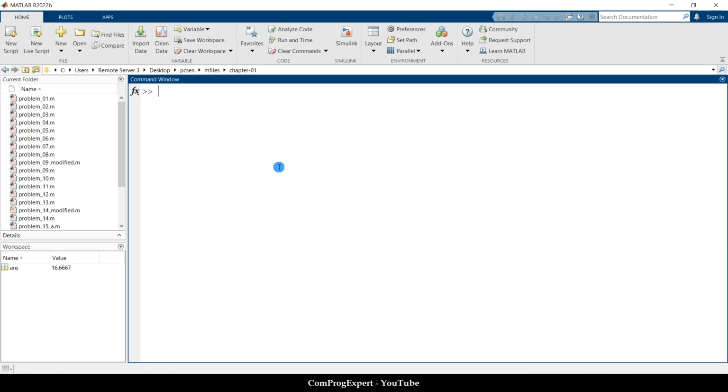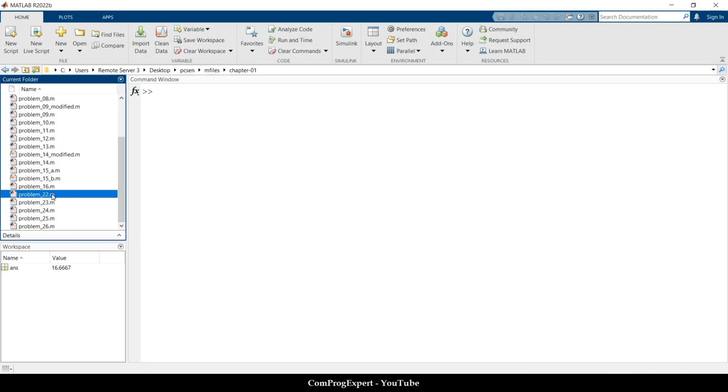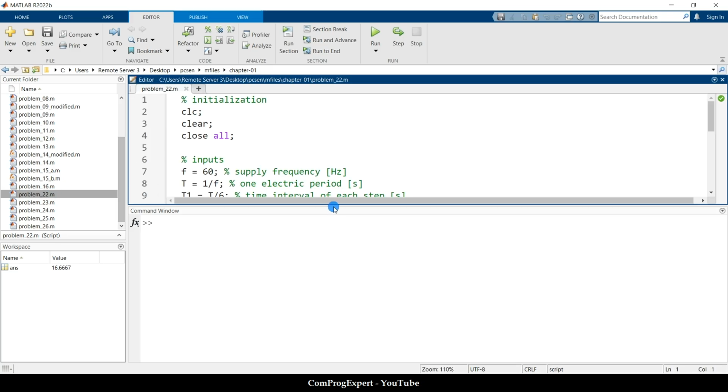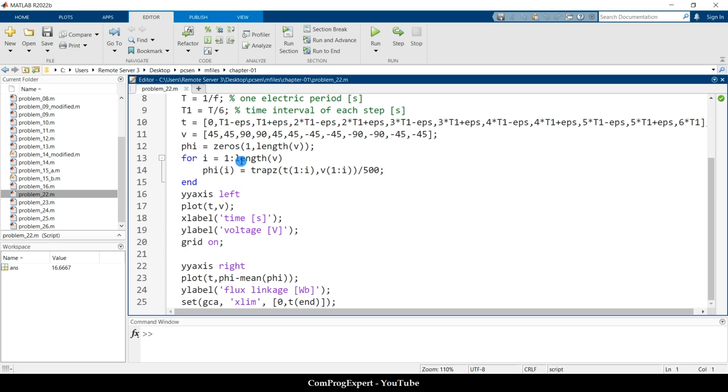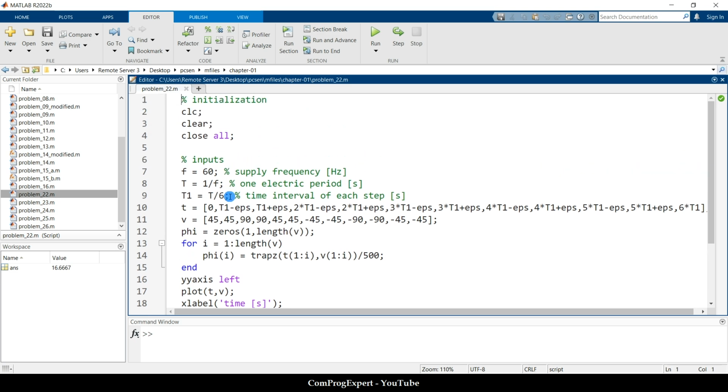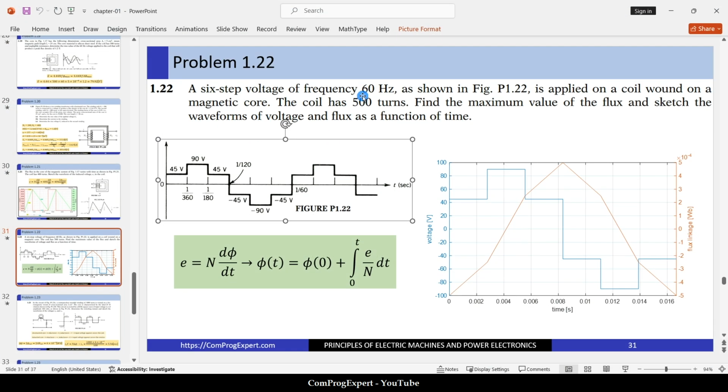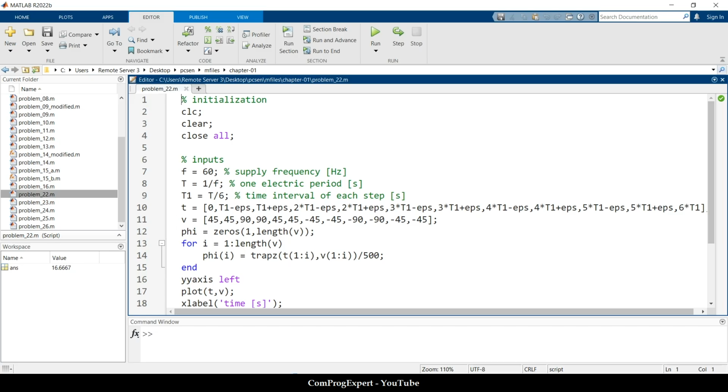Here in MATLAB for problem 22, we have these inputs. This is the frequency of the waveform, 60 Hertz.